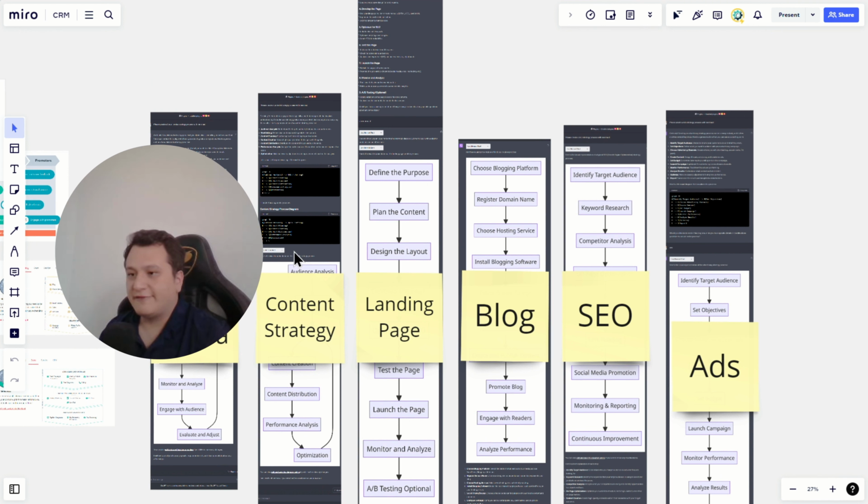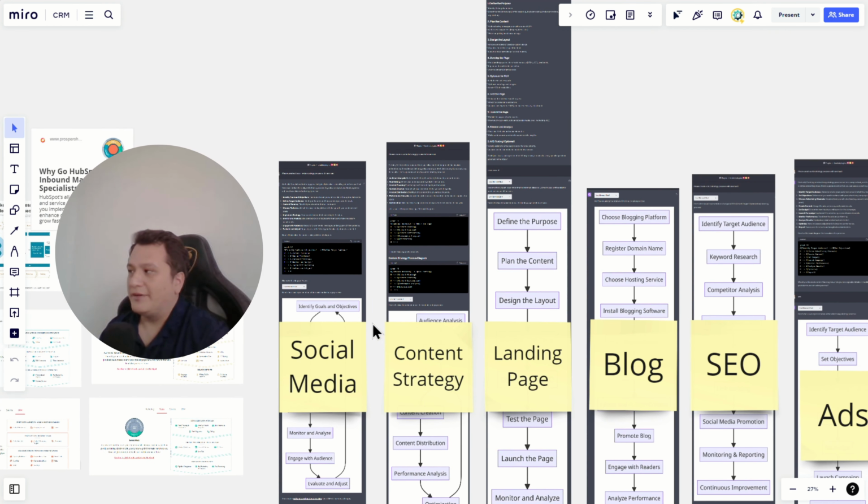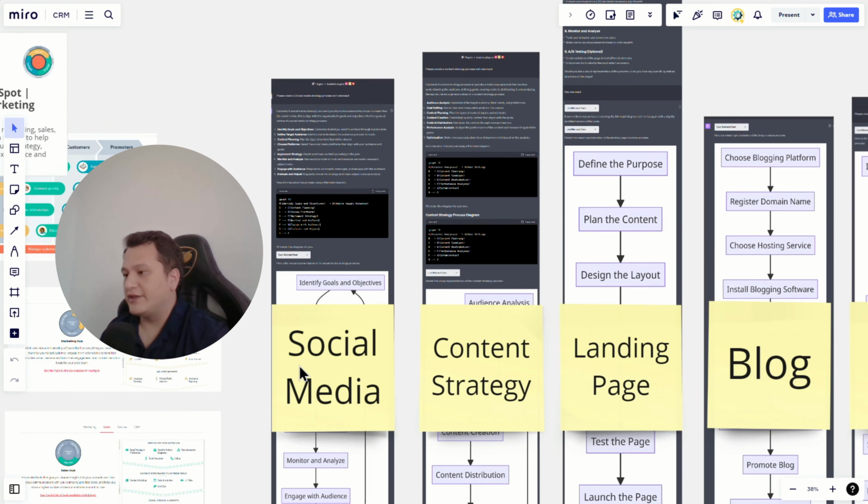And I organize the first 6 topics in this order from left to right, because we start with the social media strategy, then we move forward to the content strategy, then to the landing page, blog, SEO, and that's my way of thinking how you create, or you can create, a business without spending a lot of money, and you're going to see the leverage that we're going to have at the end of this.